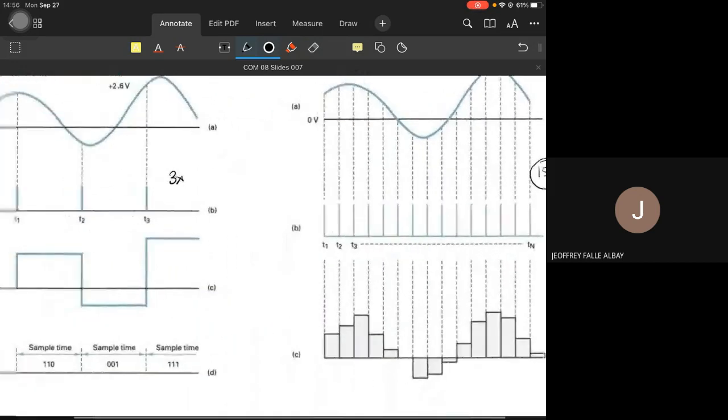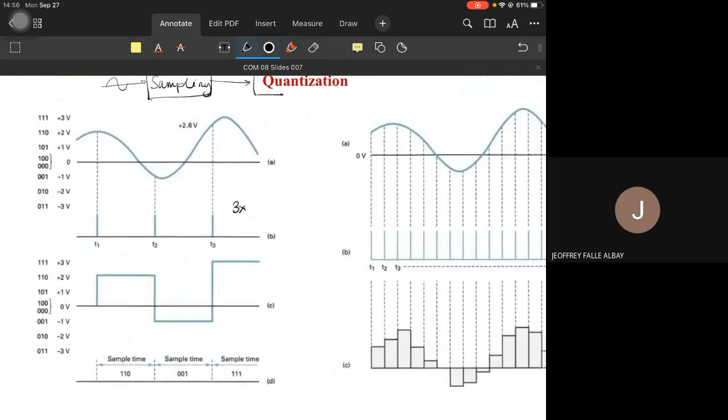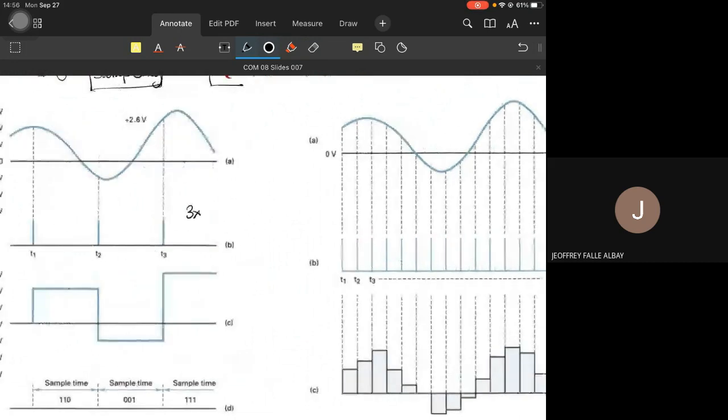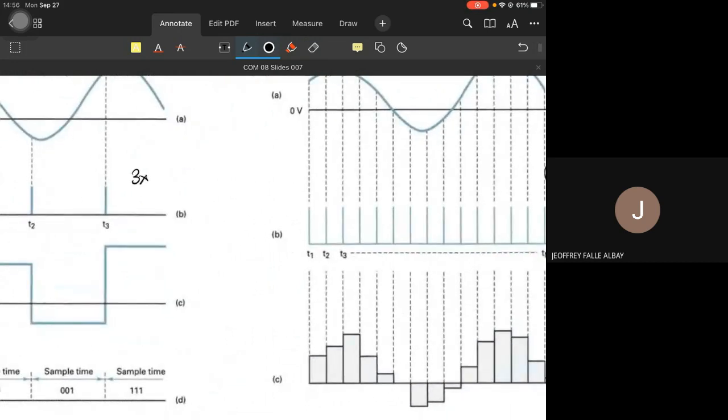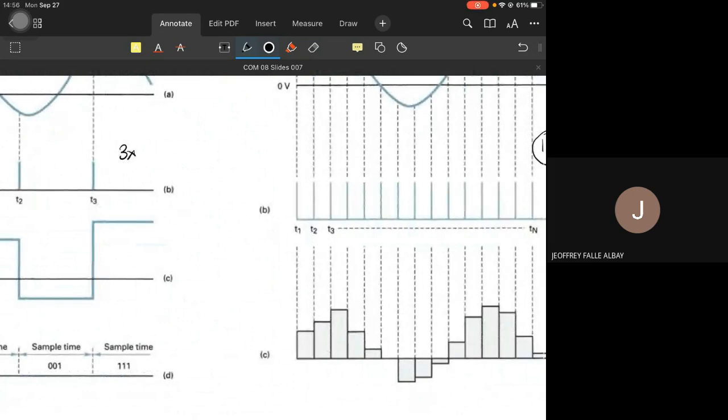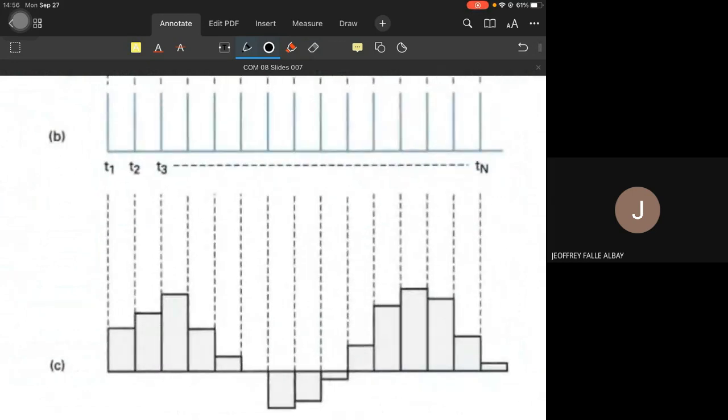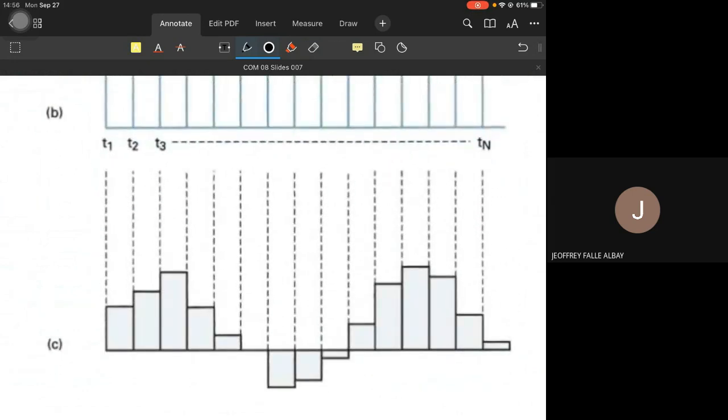Quantization is superimposing horizontal lines, no? So let's say for example here, this is not yet a perfect recreation. We need to put constant valued distance horizontal lines too. So for example, like this.